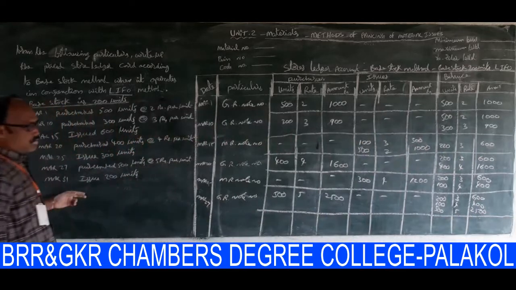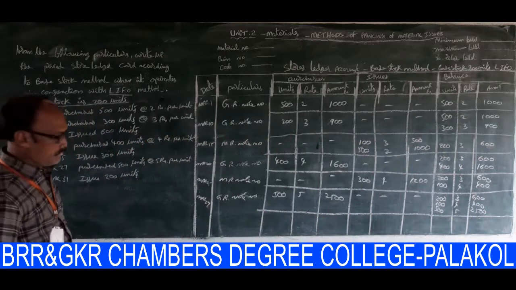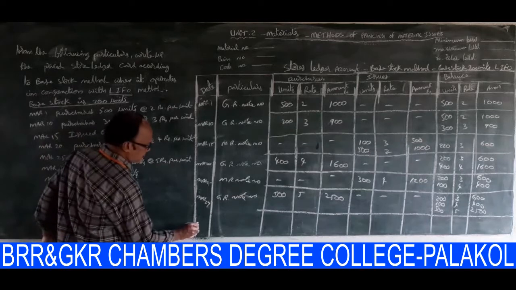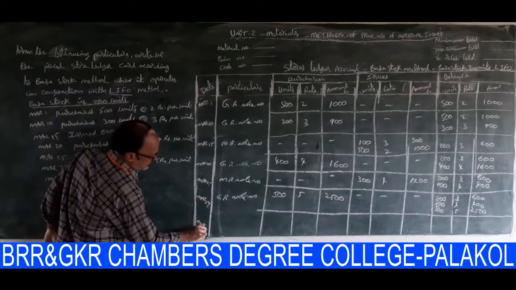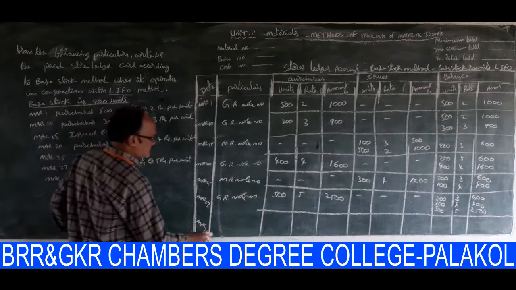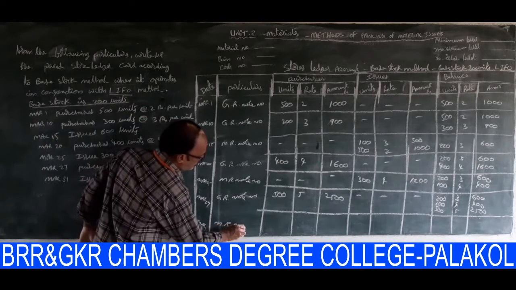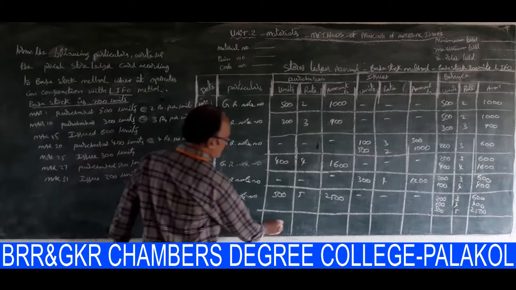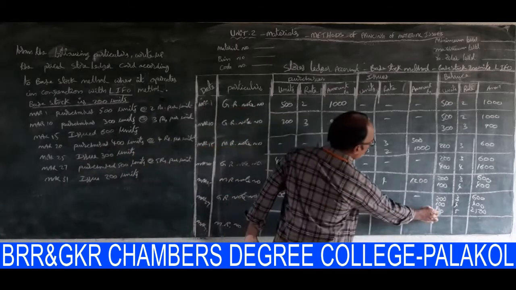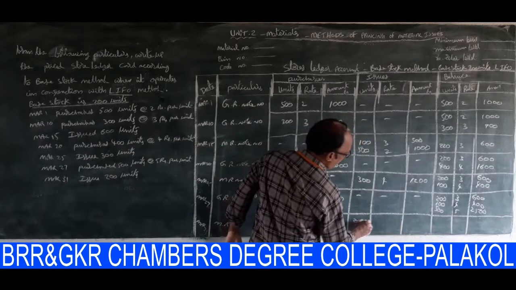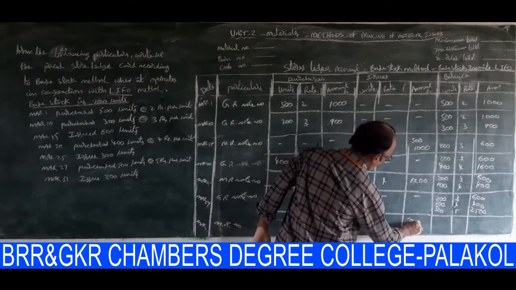Next, issues 200 units. Okay. March 31st, issues. MR number, 200 units. So issues from this: 200 at 5, 1000.